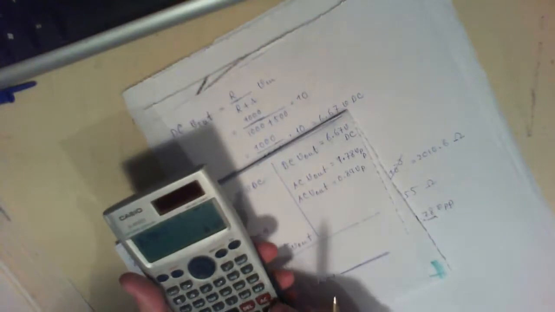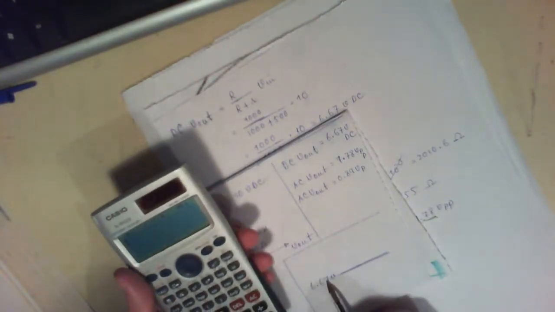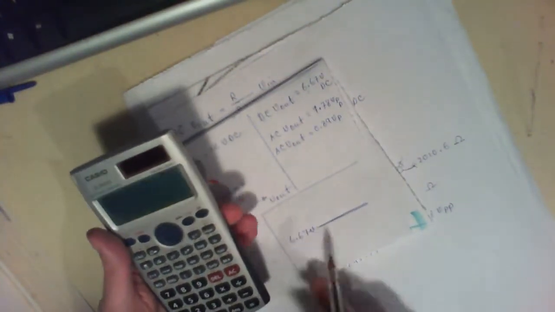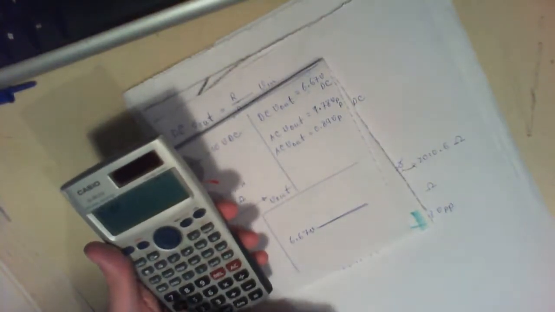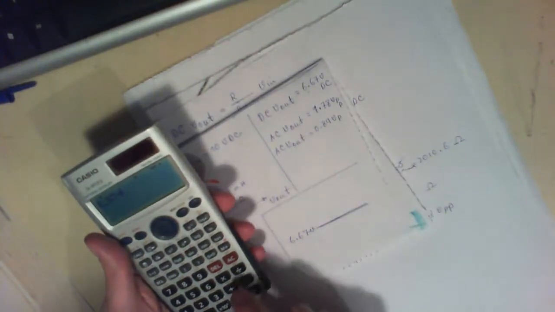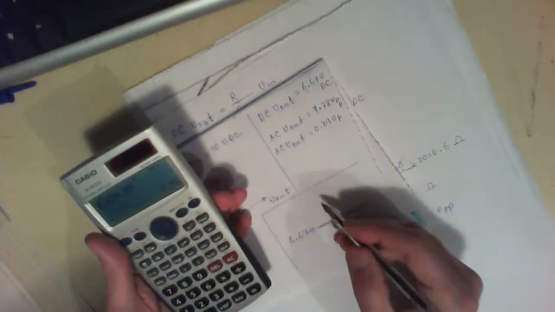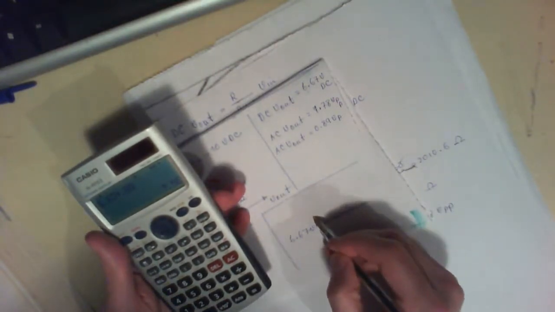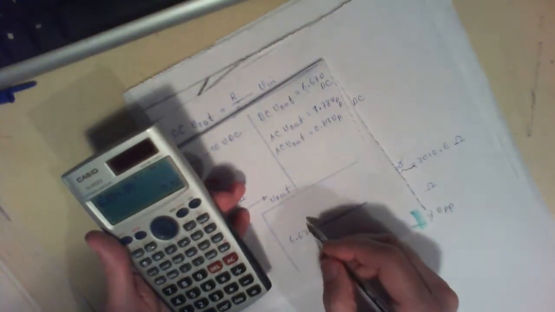And then my peak voltage is 0.89 volts peak. So if I add 6.67 volts plus 0.89 volts, which is the peak voltage, it's going to give me 7.56 volts, let's say this is over here.